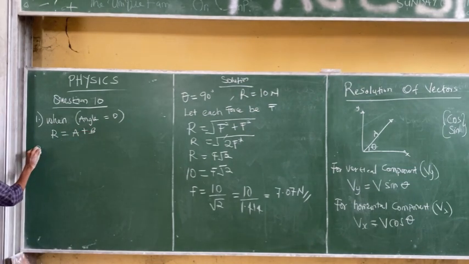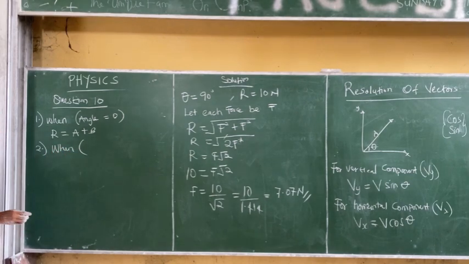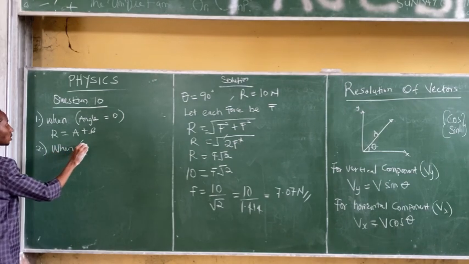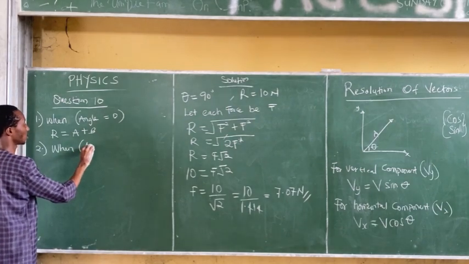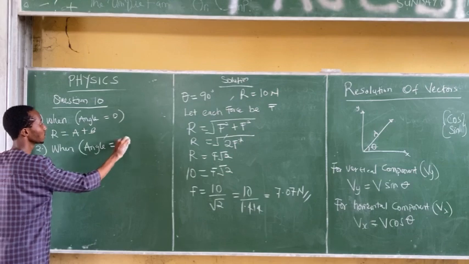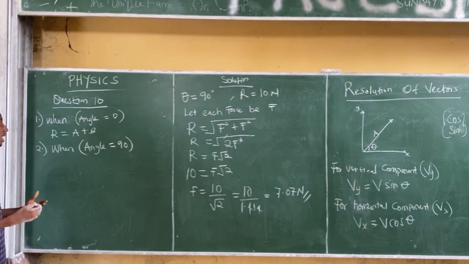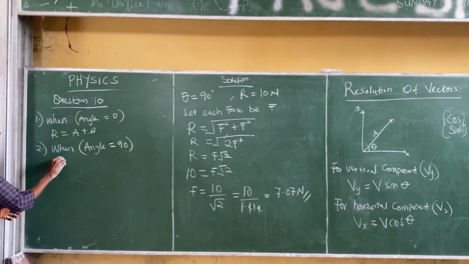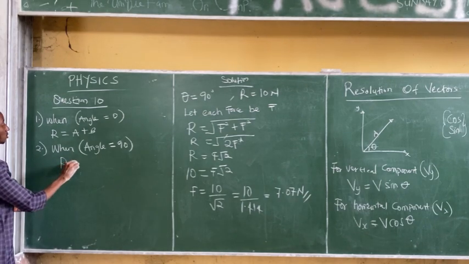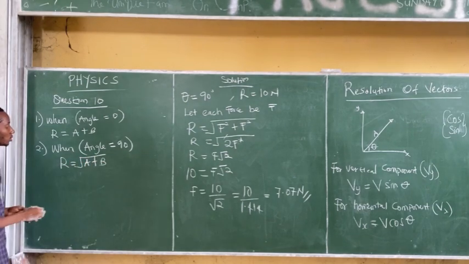The second case occurs when the angle is equal to 90 degrees. When they say the vectors are at right angles, the resultant is R equal to root of A squared plus B squared.